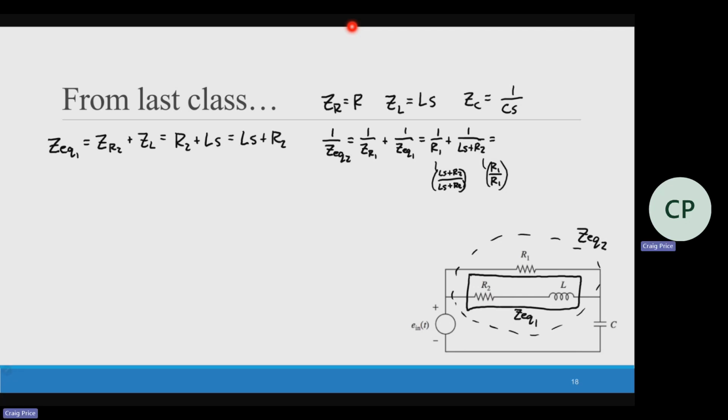So my denominator is going to be R1 times this. And then we're going to have this plus this, because we just have ones up top. So this will be LS plus R2 plus R1, all over R1 times LS plus R2.